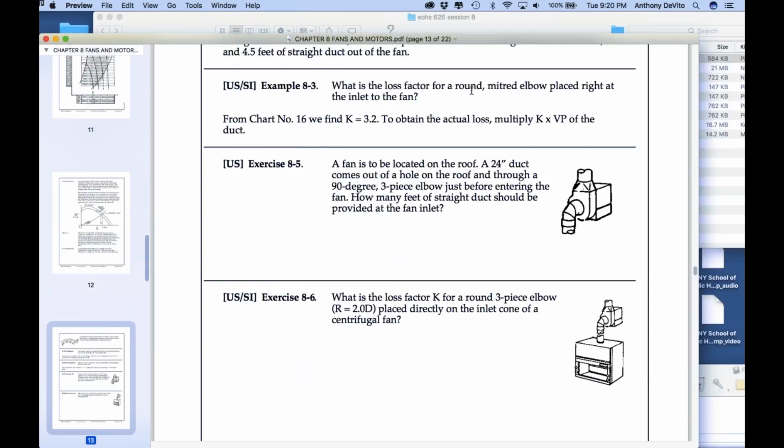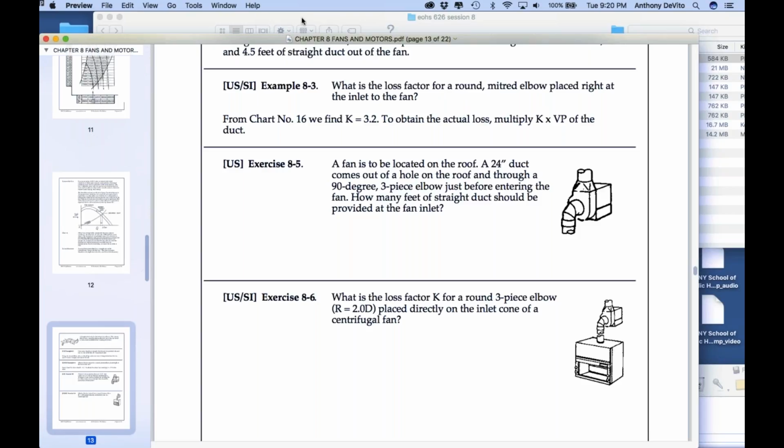But what's the loss factor for a round mitered elbow placed right at the inlet to the fan, like this picture right here? Mitered means just a straight right angle, like a mitered frame. That's the mitered.